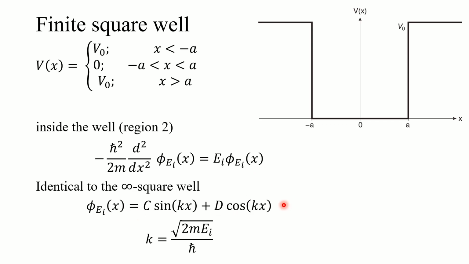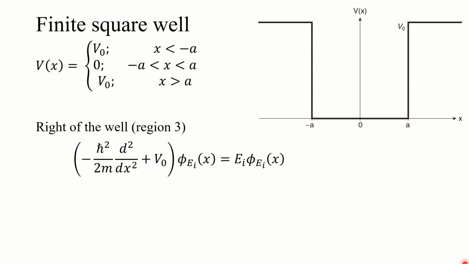So we have a solution of the exact same form, the sum of a sine and a cosine, where we've defined this wave vector k to be the square root of 2mE over h bar. We already went through the details of showing this in the previous video, so I'm not going to repeat it here, but that's the gist. Again, we're going to have multiple constants, so rather than A and B like in the last video, we're calling them C and D.